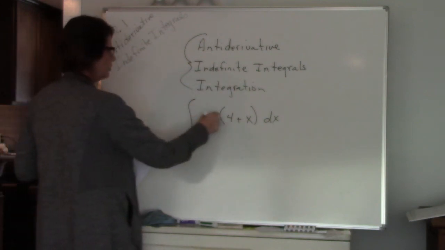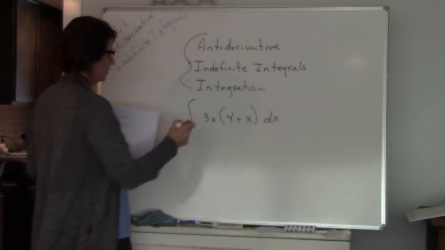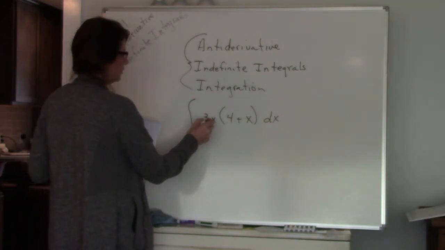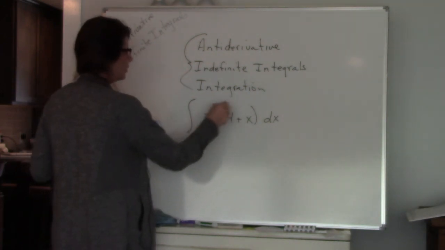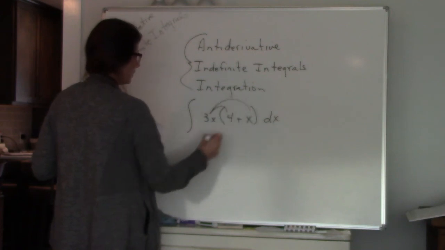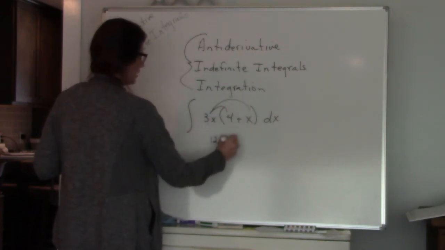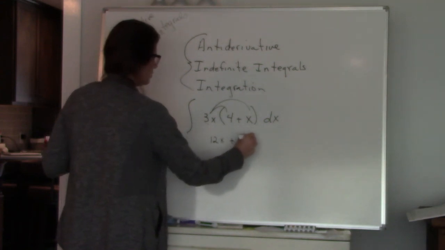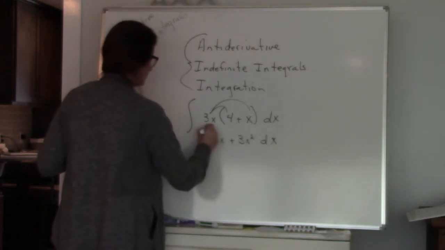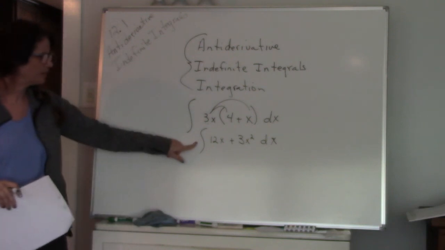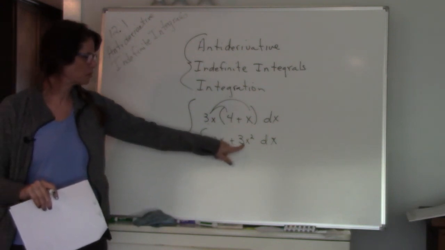Well, there is, but we're not going to have time to do it this semester. So what you're going to do is distribute this through. So you have 3x times 4 is 12x. 3x times x is 3x squared.